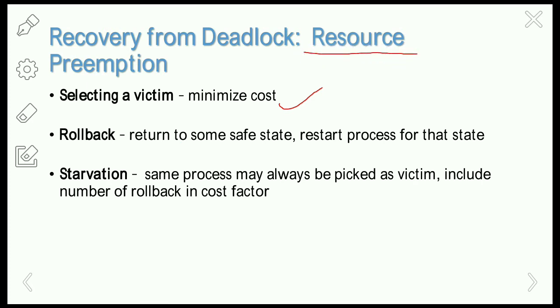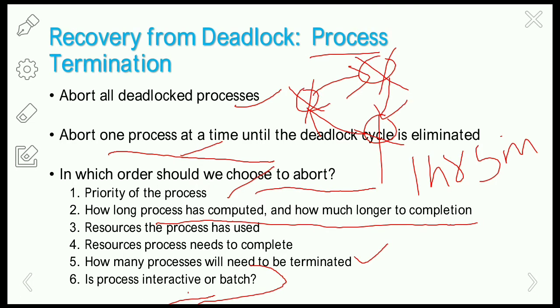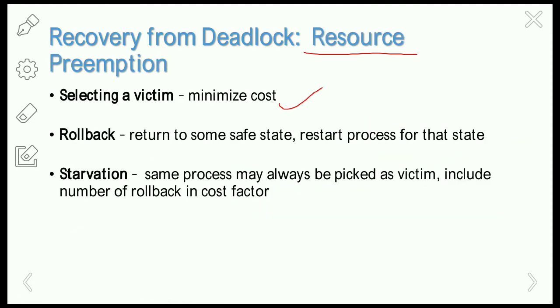In the deadlocked state there will be processes which are waiting for the resource. That's why we looked at the process first, and then the resource. So we select a particular resource and preempt that one. It will minimize the cost.